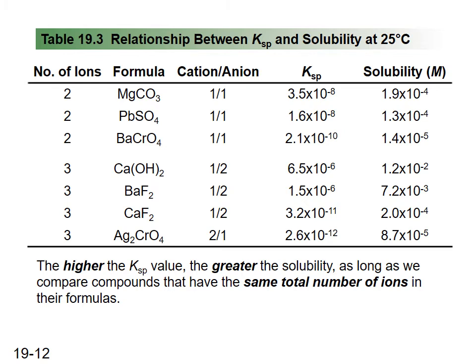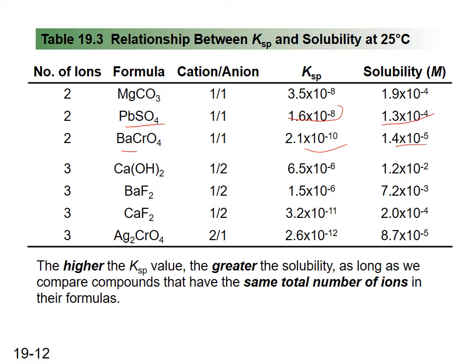This table shows the relationship between Ksp and the solubility. So compare lead sulfate and barium chromate. Lead sulfate Ksp 10 to the minus 8 is greater than the Ksp of barium chromate, 10 to the minus 10. And the solubility of lead sulfate is higher than barium chromate.